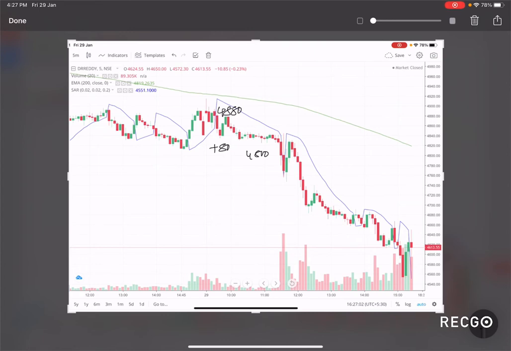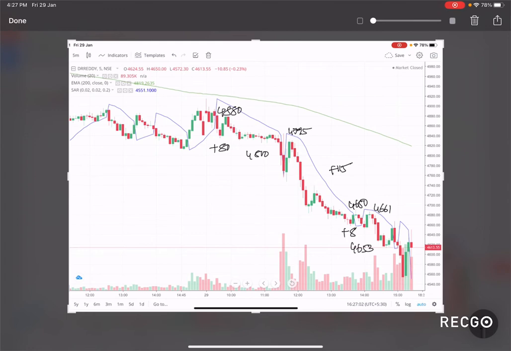Then the second trade we shorted around 4795, and exited around 4680, that is plus 115 points. The third trade is 4661, we shorted and exited around 4653, so here we got plus 8 points.